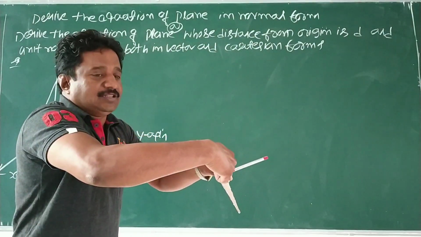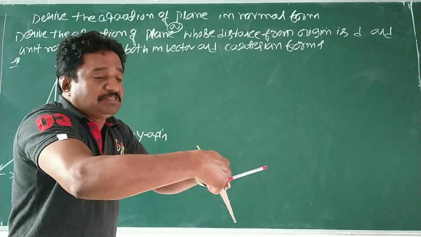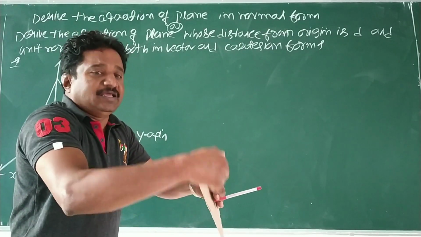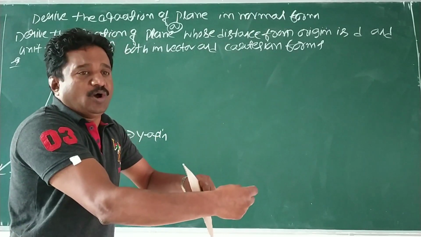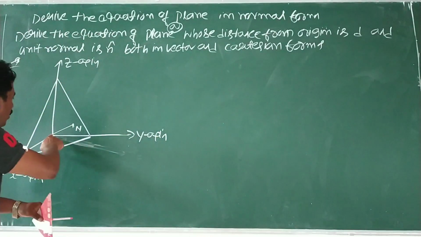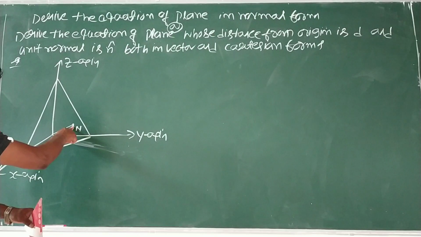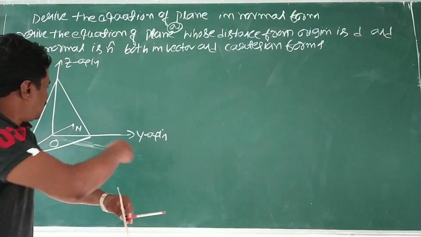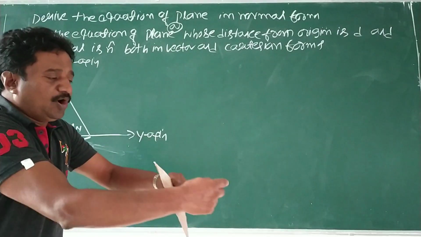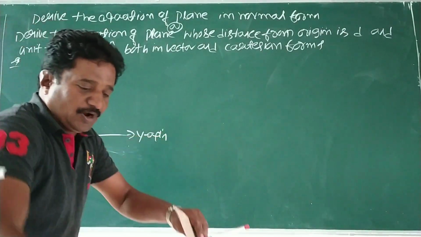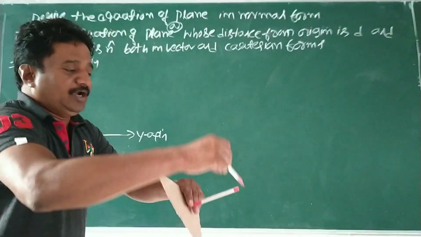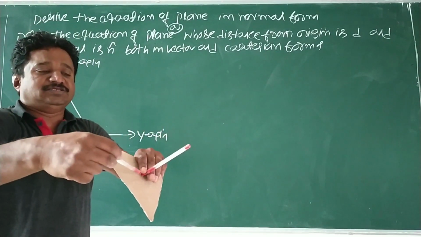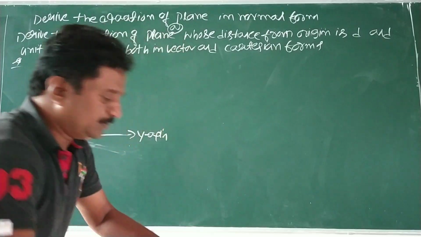The point which is in contact with the plane is N. This edge is O. This point N is in contact with the plane. So this is N and this is O. ON is the perpendicular.